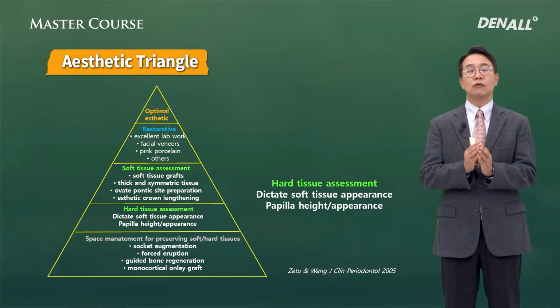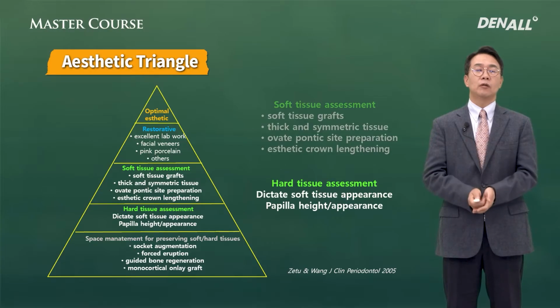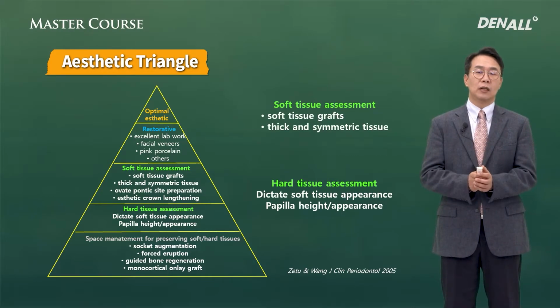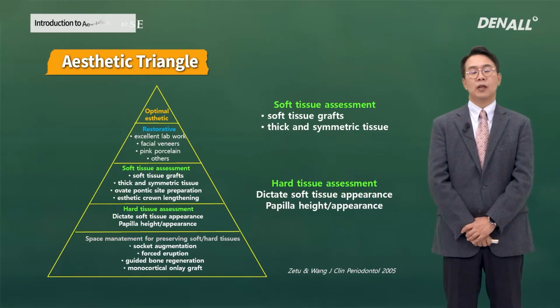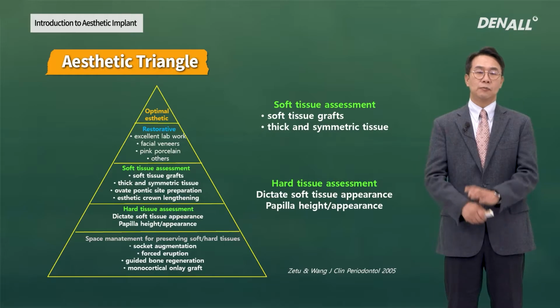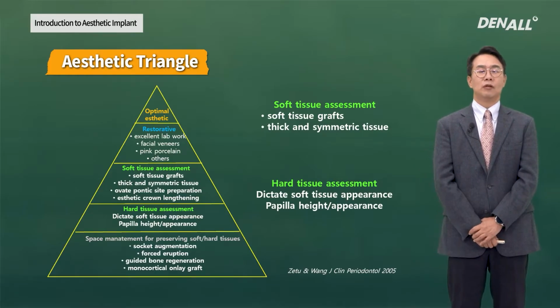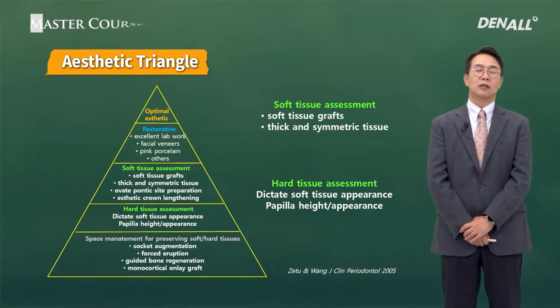Based on the current situation of a patient, we need to evaluate hard tissue and soft tissue, and we need to think about the prosthesis based on that. We need to consider all of them to achieve aesthetic outcomes that we want. If any one of them is missing, the outcome would not be very good. So let's have a look at a clinical case.